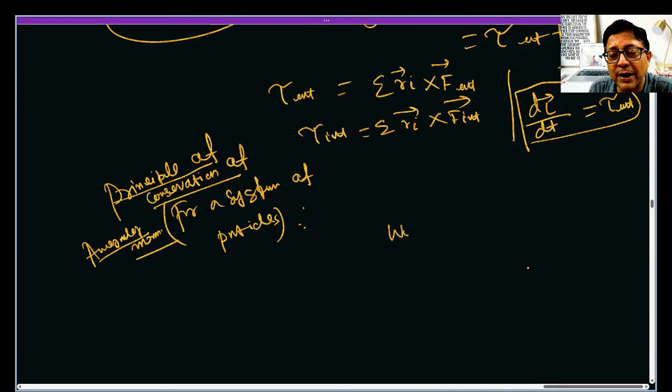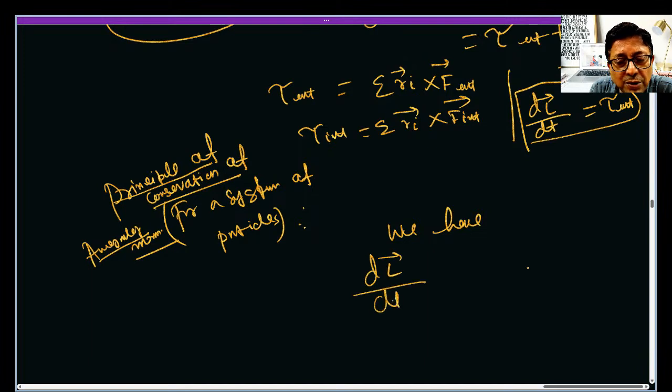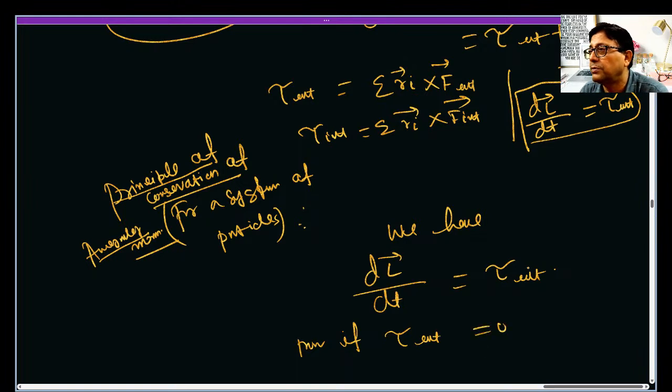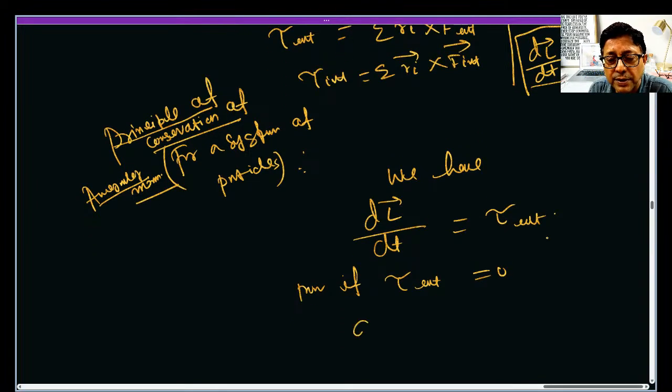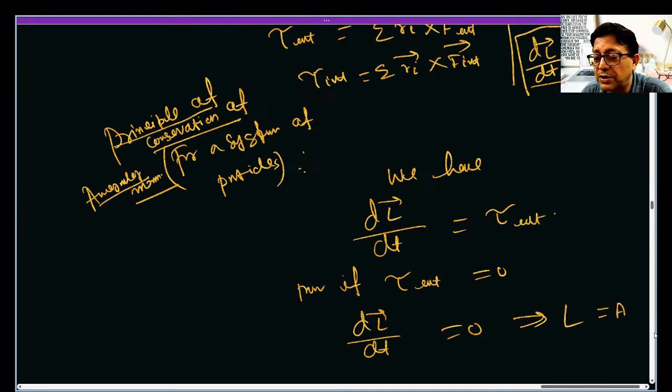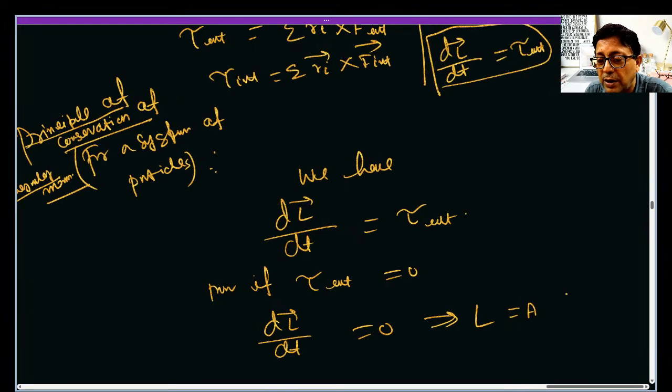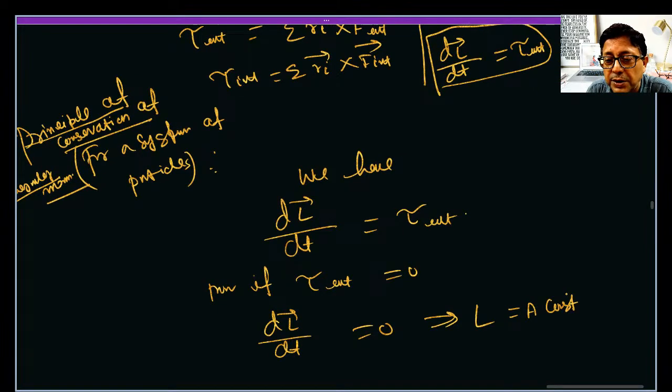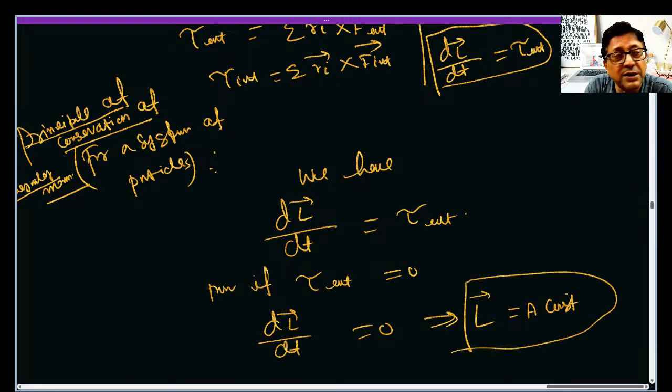See how I am answering? We have dL by dt equal to tau external, just as we have seen. Now if tau external equal to 0, what will happen? We have dL by dt equal to 0. This implies L equal to a constant. Done. So write the principle.